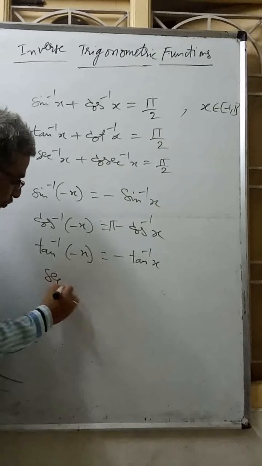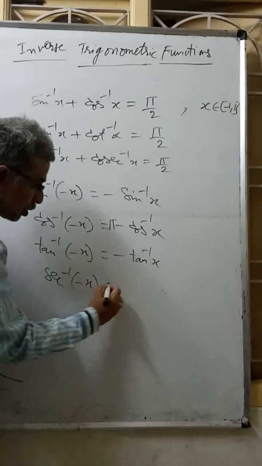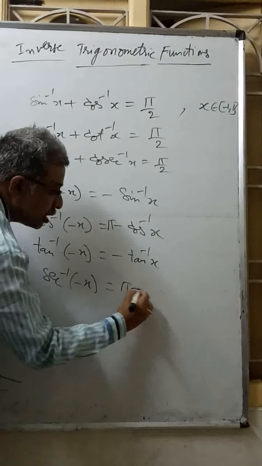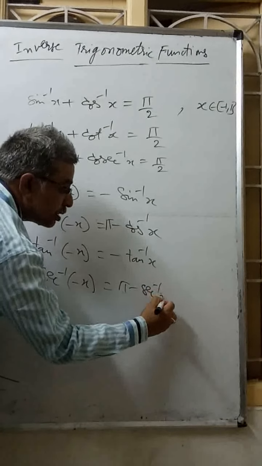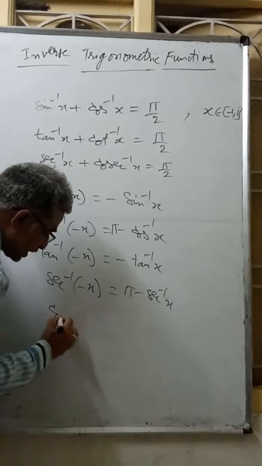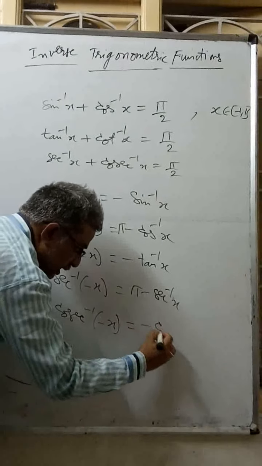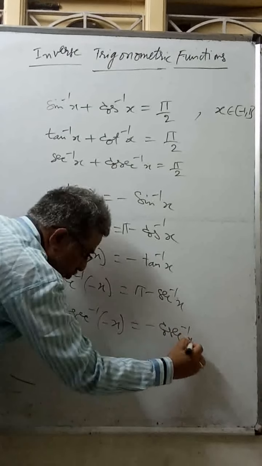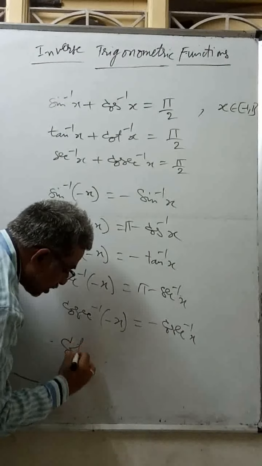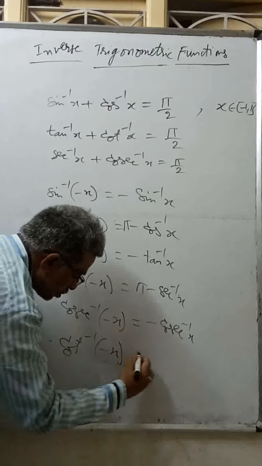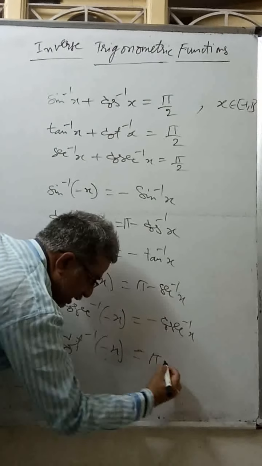Sec inverse of minus x equals pi minus sec inverse x. Next, cosec inverse of minus x equals minus cosec inverse x. Cot inverse of minus x equals pi minus cot inverse x.